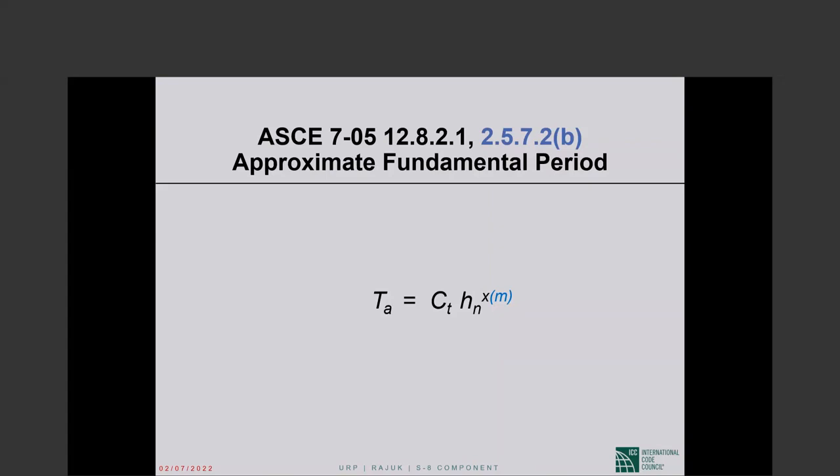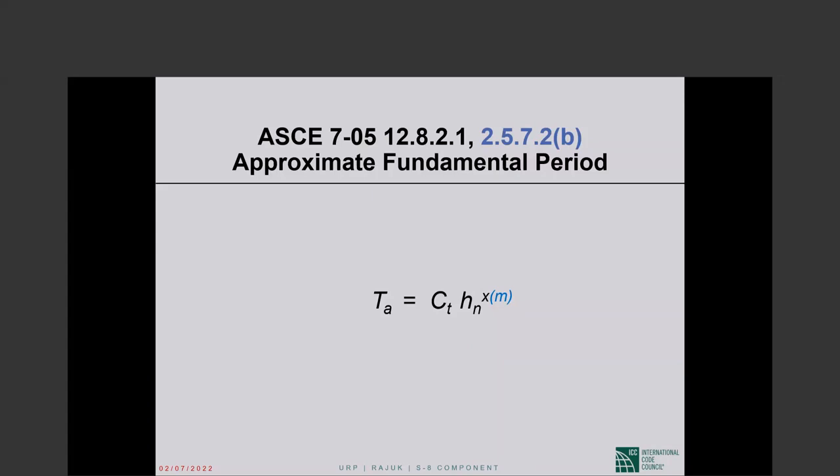But by the approximate formula, you will calculate the same period irrespective of direction. So that tells you there is no way it can be the real period of the structure. The sole purpose of the approximate period is to get us started, but also T sub A is designed to be lower than the real period.